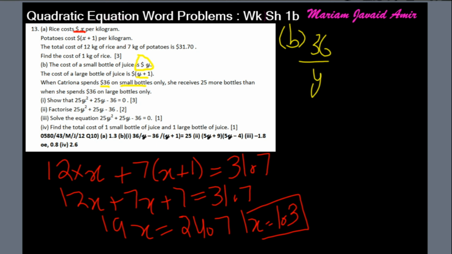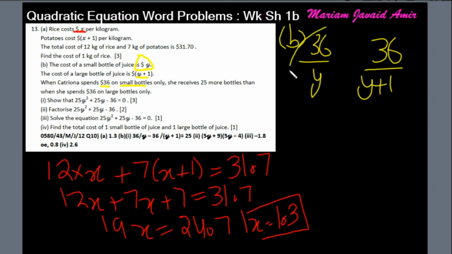She receives 25 more bottles than when she spends $36 on large bottles. So when she's spending $36 on large bottles and each large bottle costs y plus 1, she will buy 36 over y plus 1 number of bottles.